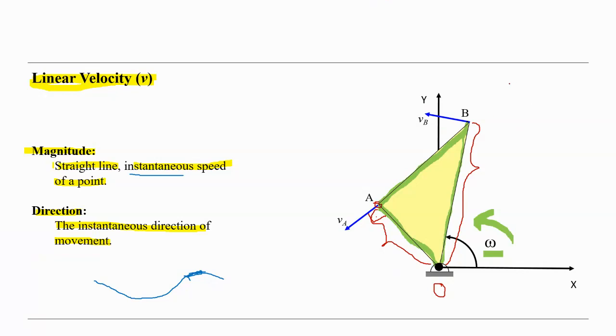And magnitude-wise we can say VB is equal to omega times the length OB. This is the length OB, and the omega, this is the magnitude.